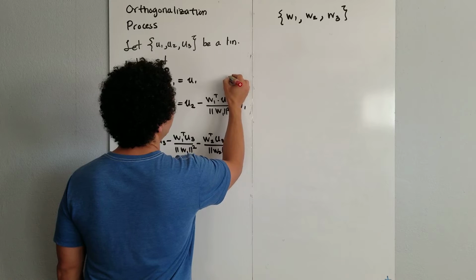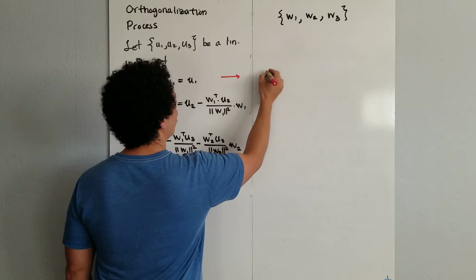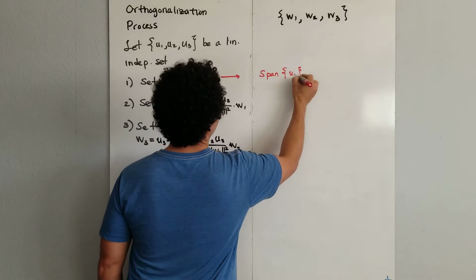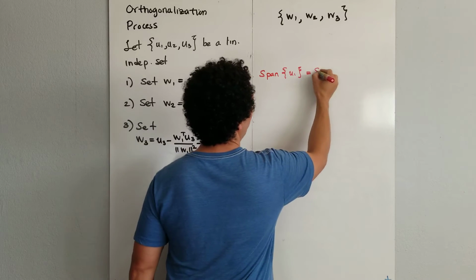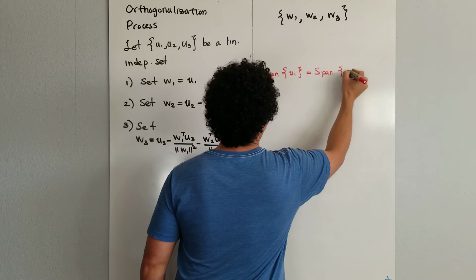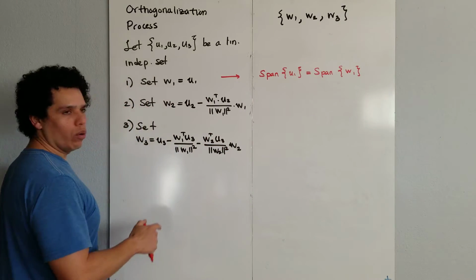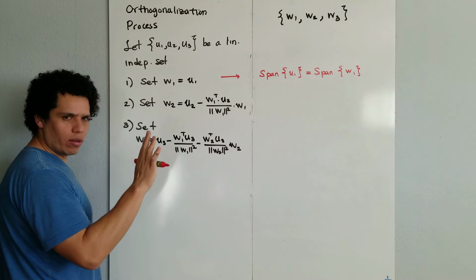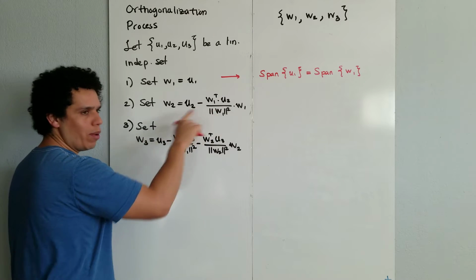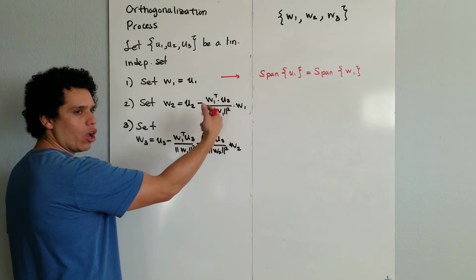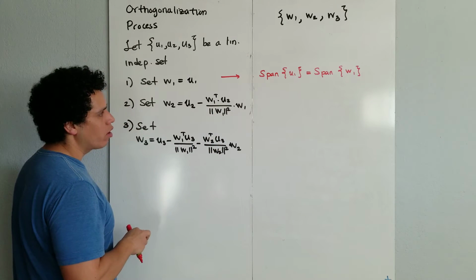By the time that I set W1 to be U1, I'm making sure that the following happens. So, explanation here: I have that the span of U1 is exactly the same as the span of the set that contains W1. Now, what I have here is essentially the picture that we had in the previous example, where we take away a certain projection.